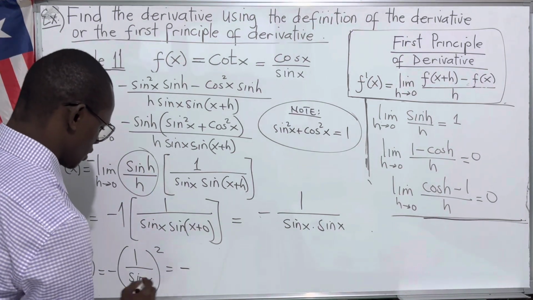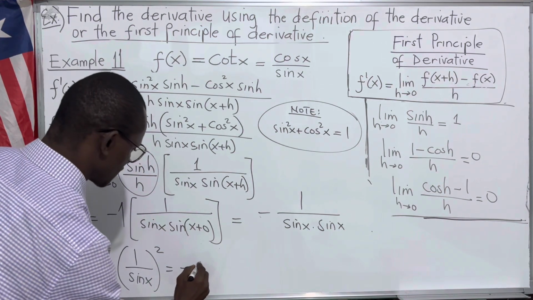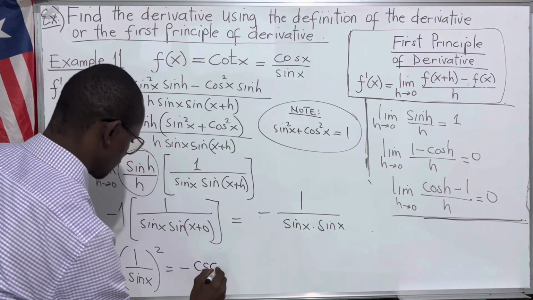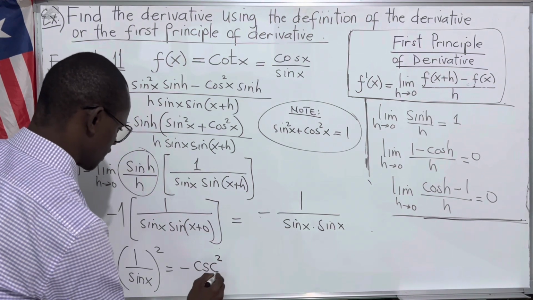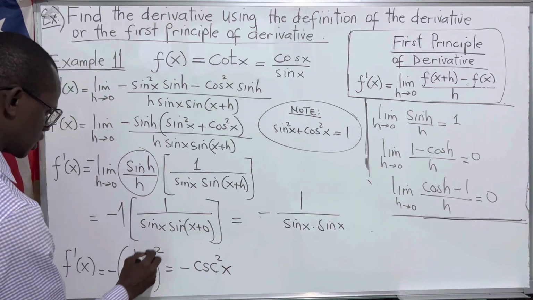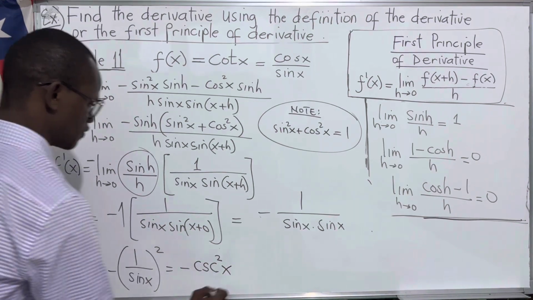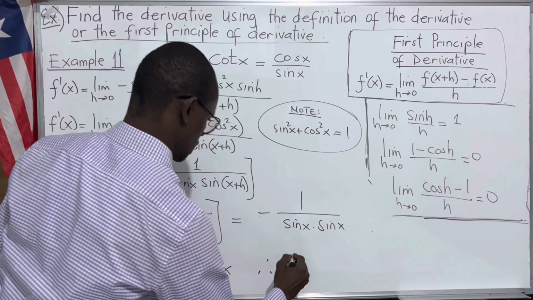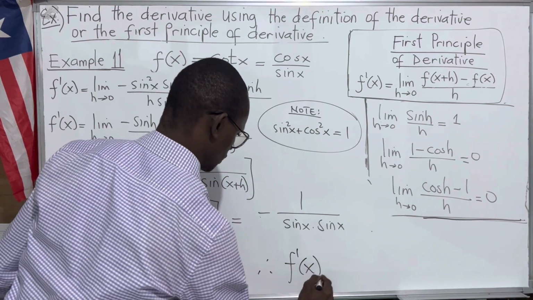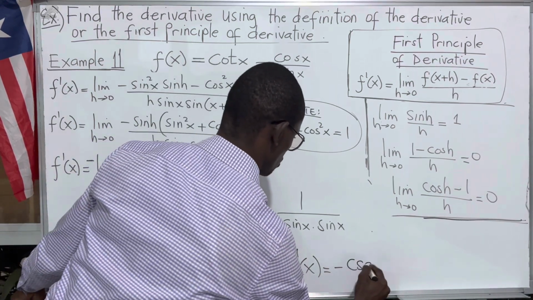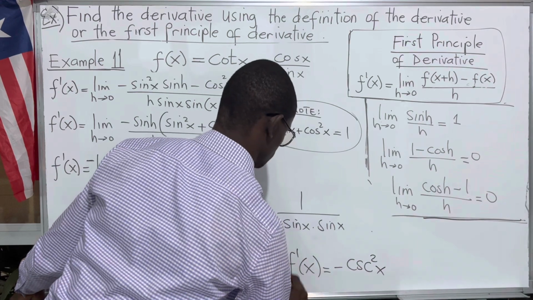So minus, what is 1 over sine? 1 over sine is cosecant of x. Since this whole thing is square, it becomes cosecant squared of x. Therefore, f prime of x is just equal to negative cosecant square of x.